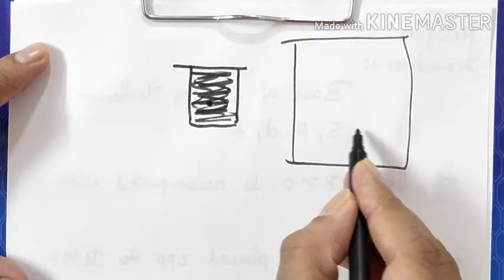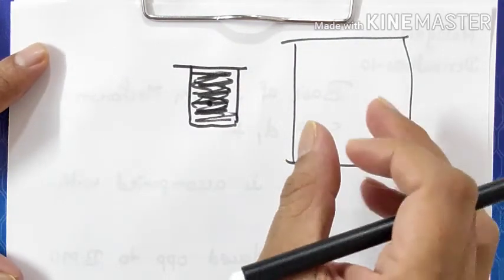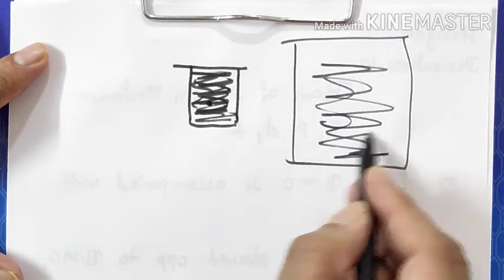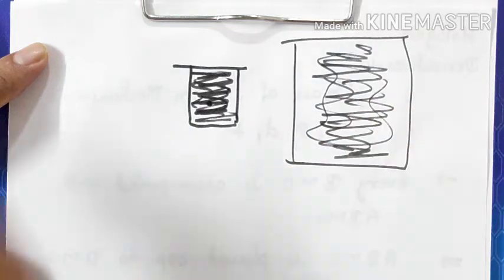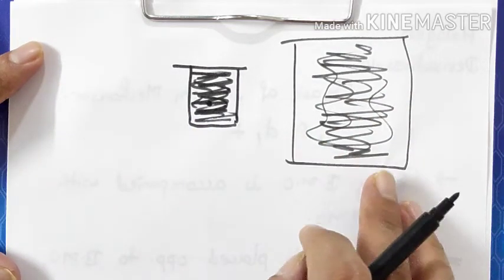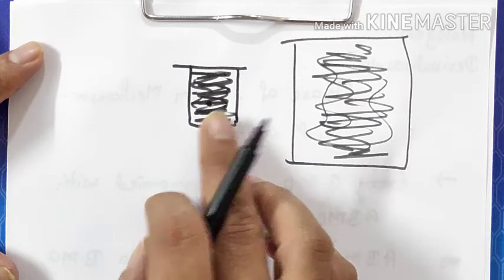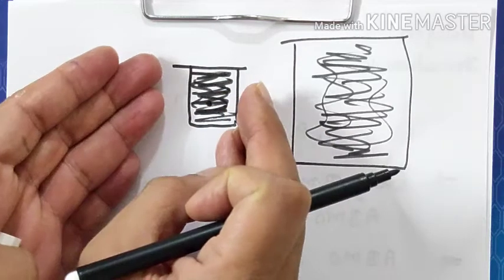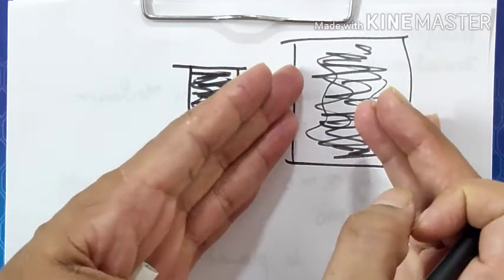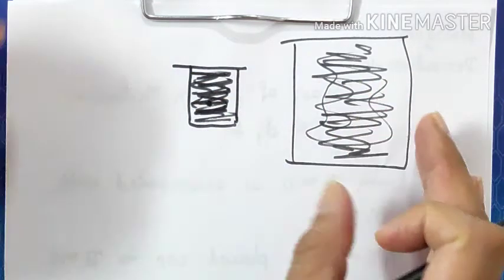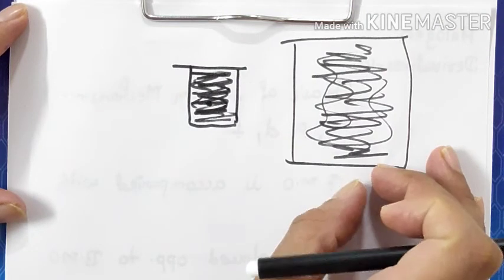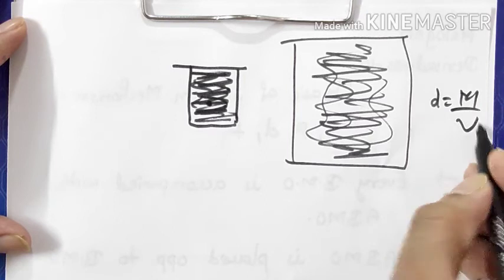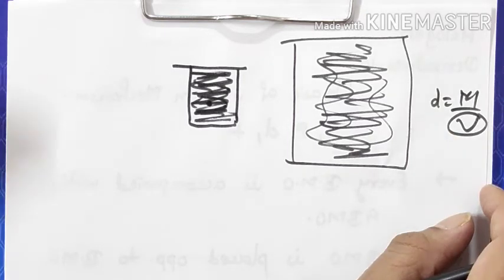Here also 2 electrons, but when these electrons convert into vapors or smoke, the density will be comparatively less, because I transferred the same waves or smoke into a bigger vessel. So the density will reduce. Why? Because density is mass upon volume. I increased the volume, so density is going to decrease.